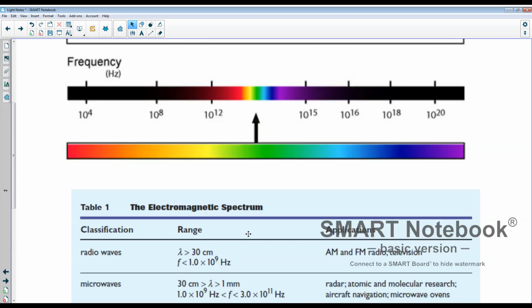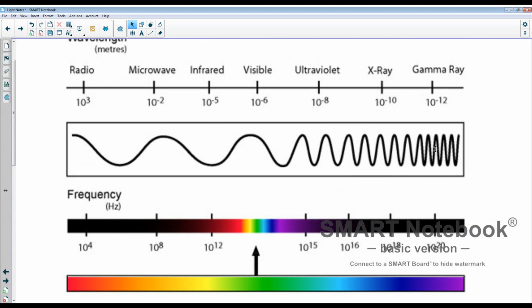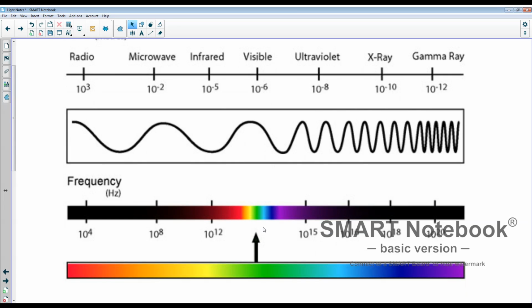But there's an incredible range of wavelengths for light, the shortest being gamma rays and the longest being radio waves. A radio wave can be over a kilometer long, whereas a gamma ray is smaller than a proton or a neutron. So we have an incredible difference in sizes of waves, but visible light is really just one small section.